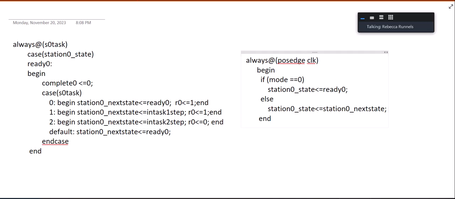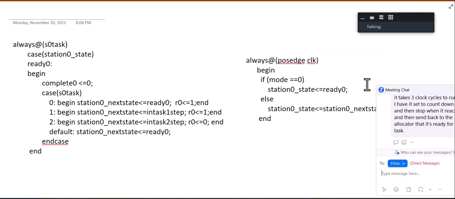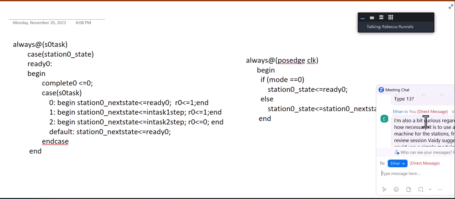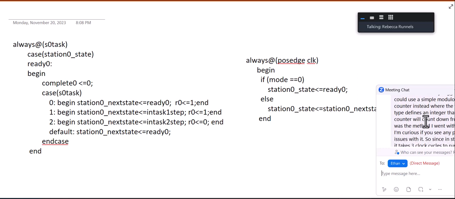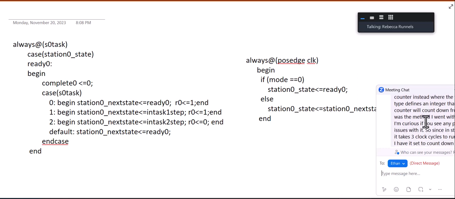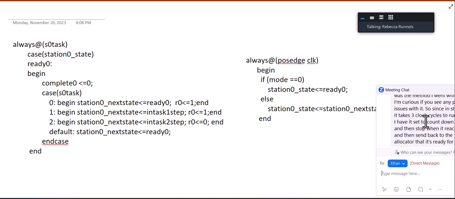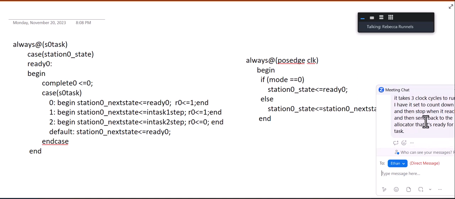Let me see. Oh, wait. Oh, hold on. State machine for the stations, where the task type defines. He told me to use a state machine. So in station 1, it takes. Oh, okay. He did talk about that. I don't know. If you want to try it that way, you can.